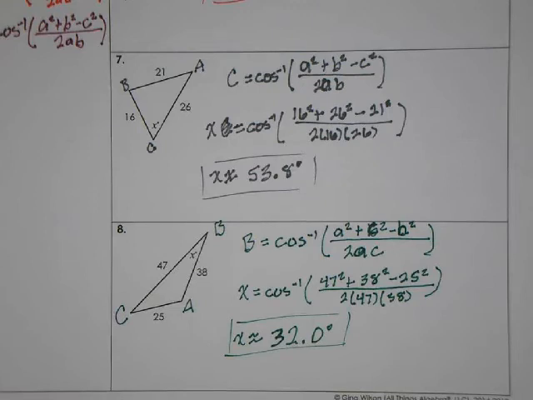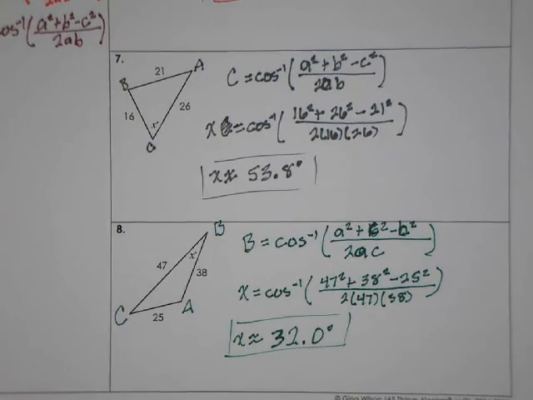But ideally, you're getting the same values that I am, and if not, let me know so we can see what you're doing. But that's going to wrap it up for this lesson. This is essentially the last thing that we will do in trigonometry as far as it relates to a geometry math course.